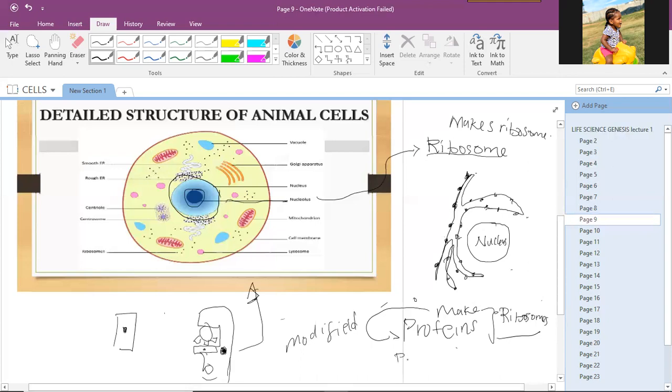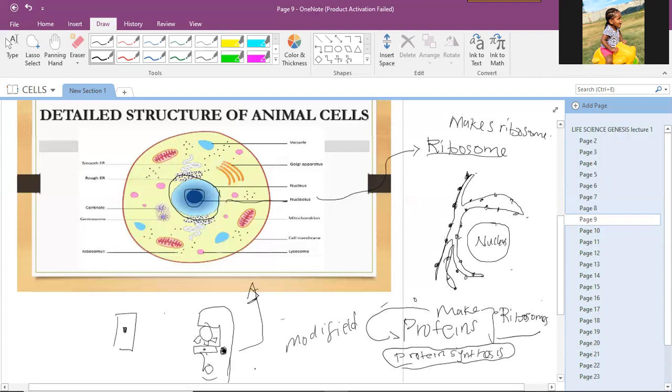It's known as protein synthesis. Protein synthesis is the process in which proteins are made inside the ribosomes. The ribosomes make these proteins, but these proteins are not yet mature. They have to be modified for them to be ready to perform their specific functions.